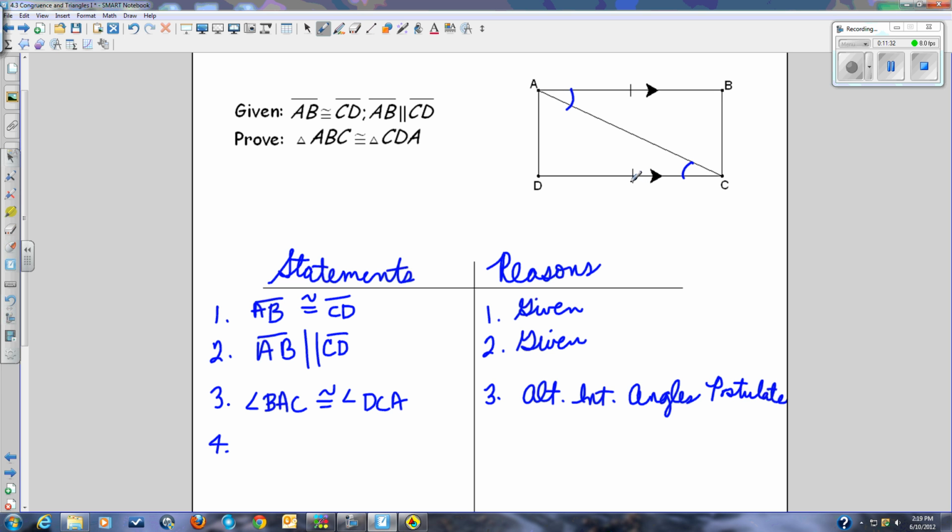Now, we've got a side and an angle on each triangle that are congruent. Notice the triangles share a side, that's CA. So CA is going to be congruent to CA in each triangle. And if something's congruent to itself, that is the reflexive property.